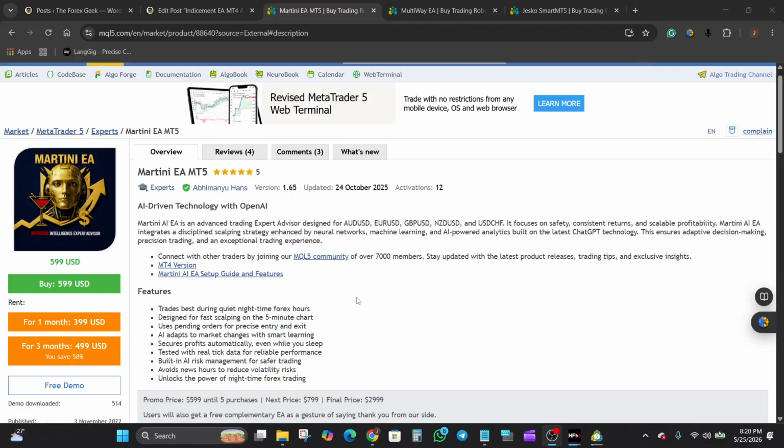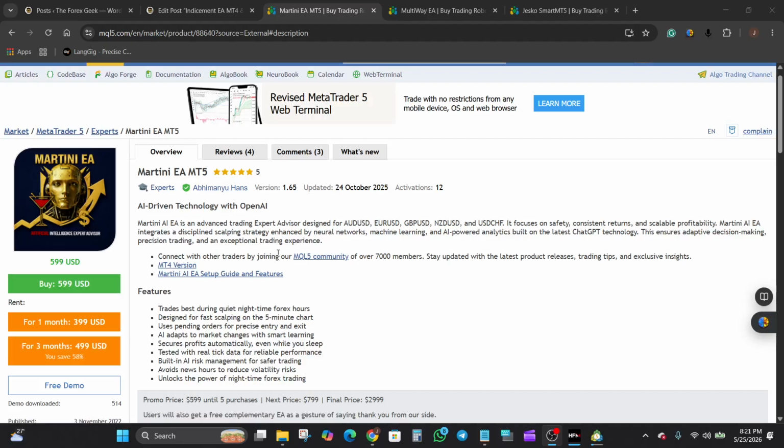So this is both for MT4 and MT5. The EA is priced at 599 US dollars with rental options also available monthly at 399 US dollars and quarterly at 499 US dollars.